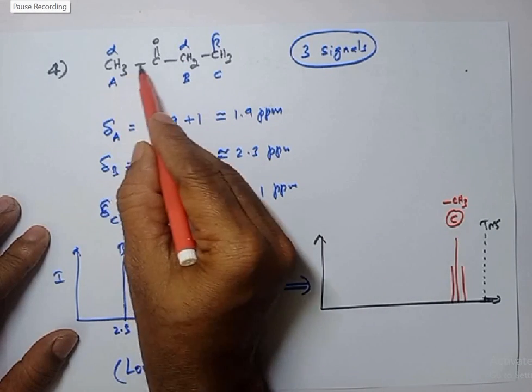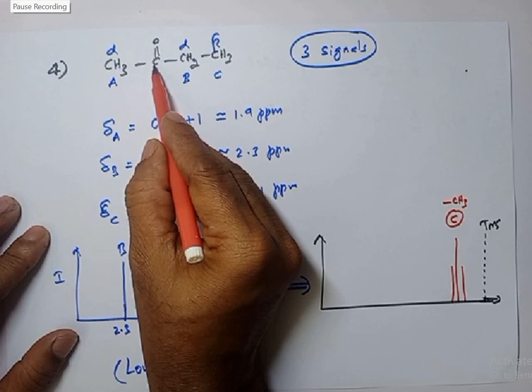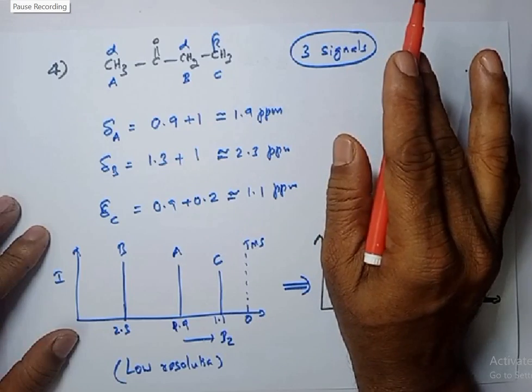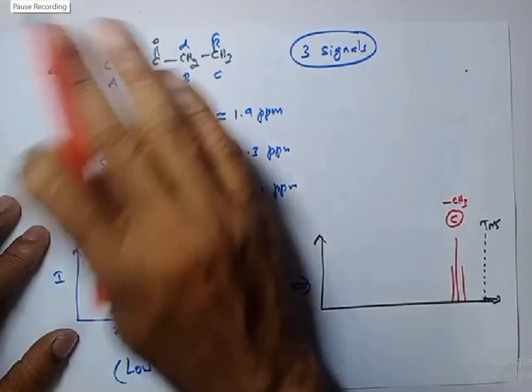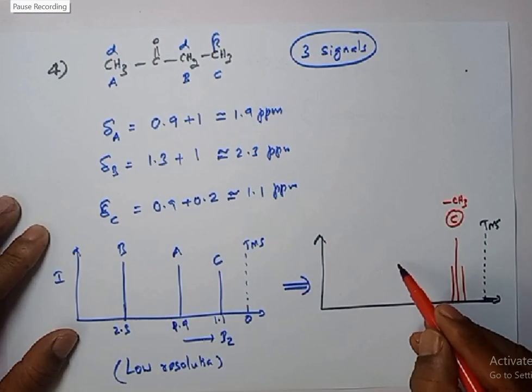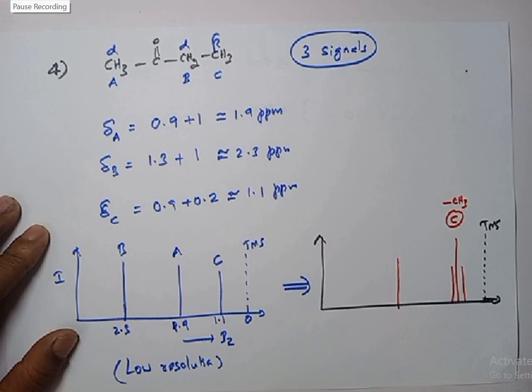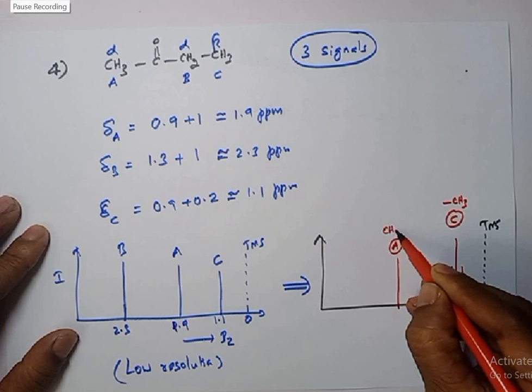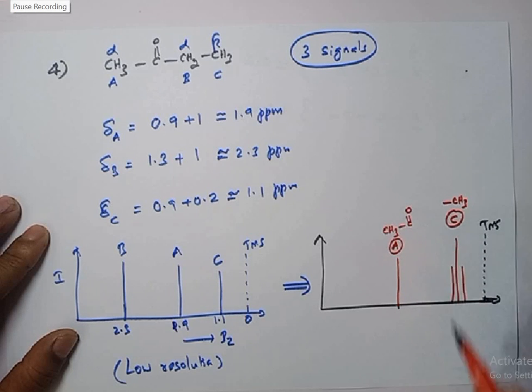Listen, it is connected to a carbonyl group. Therefore the A proton signal does not split. It remains as a singlet. This is a methyl group connected to a carbonyl.